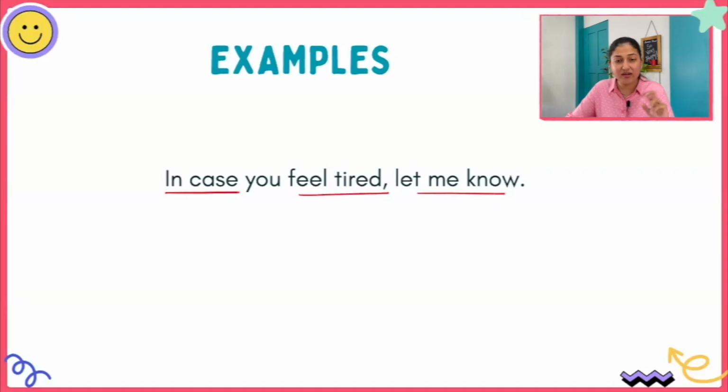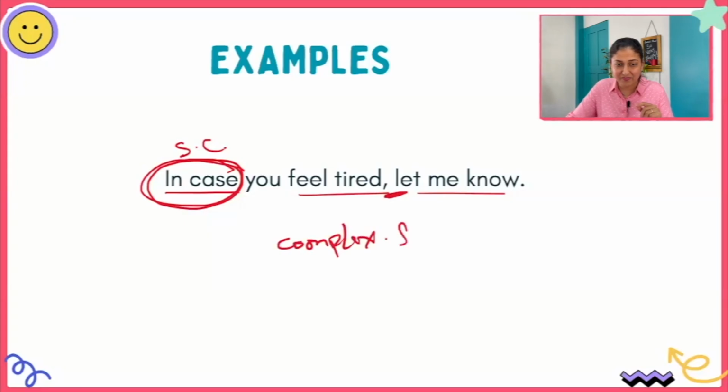Can I change the order? Let me know in case you feel tired. Yes. What is this in case? It's a subordinating conjunction. And because we are using this clause in the beginning, there's a comma after the subordinating clause. So once again, in case you feel tired, let me know. This is a complex sentence.